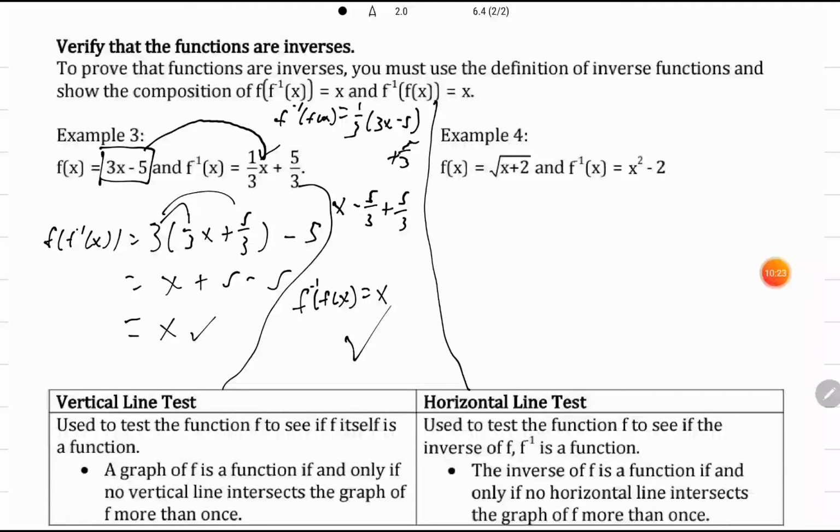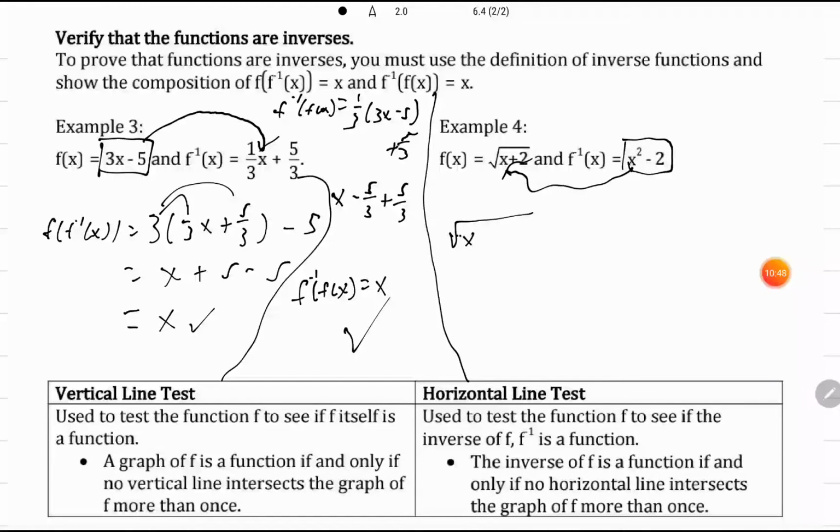Next, f of x equals square root of x plus 2, and f inverse equals x squared minus 2. So let's see what happens. First thing we're going to do, plug this into x there. So the square root of (x squared minus 2), and then plus 2.